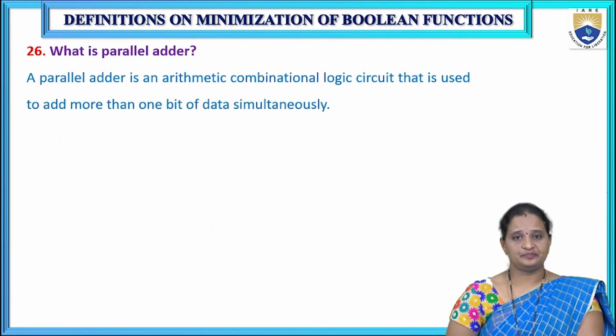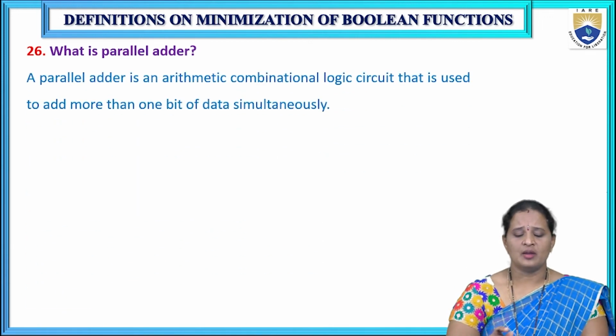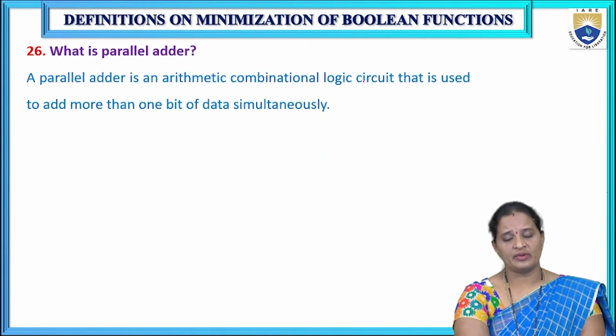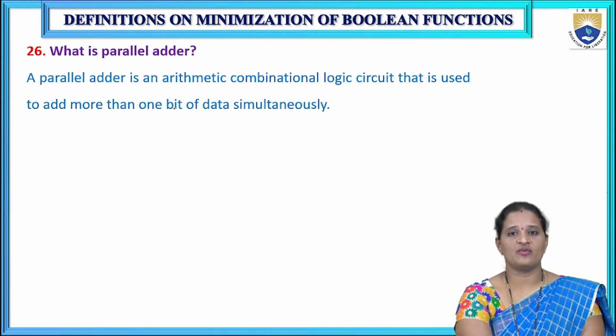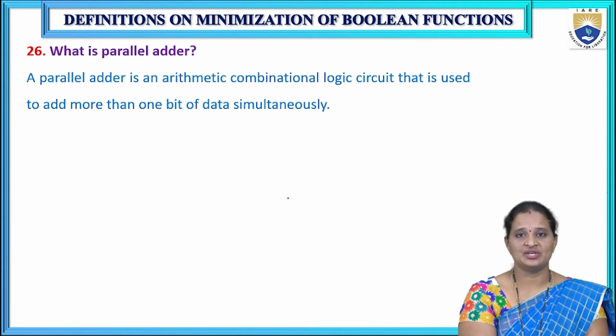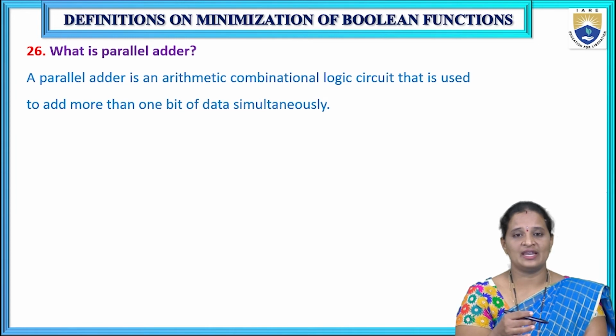Now, parallel adder. So, what is a parallel adder? A parallel adder is an arithmetic combinational logic circuit that is used to perform the addition of two binary numbers of one bit or more than one bit each, and the addition of all the bits is done at a time, in parallel.